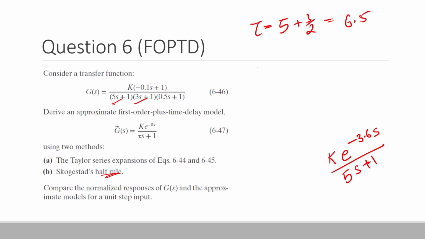6.5. Similarly, the delay time will become, we have to neglect this first term and take the half of the second dominant term, that is basically half of this, that is 3 by 2, and then sum all the remaining time constants, that is plus 0.5 plus 0.1, that will become 1.5 plus 0.5 is 2, 2 plus 0.1 is 2.1.